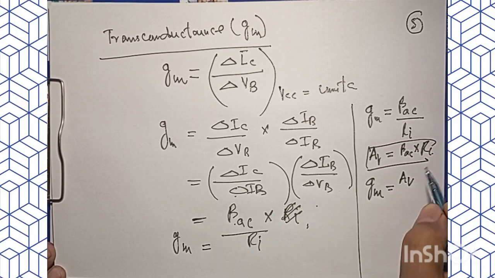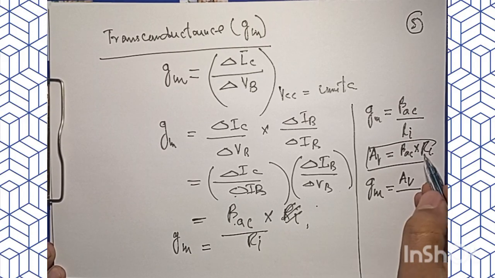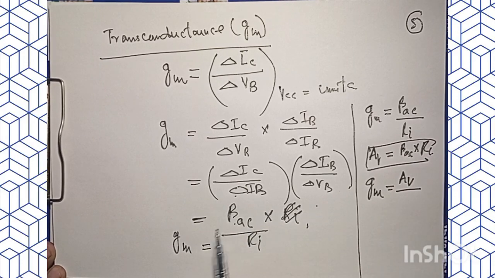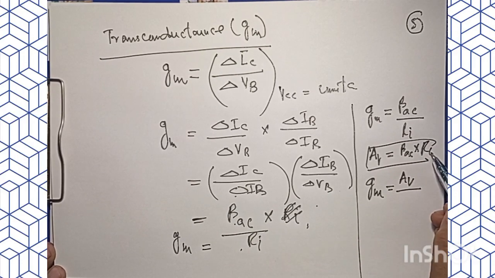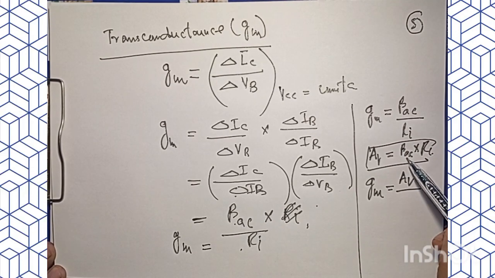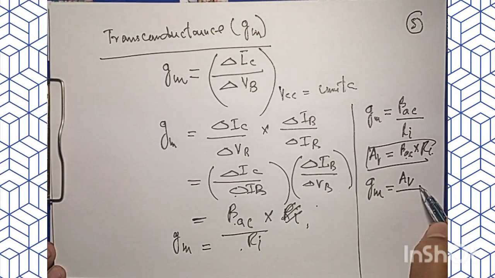Then Gm will be AV divided by, what is this? This is beta AC by Ri. So here I'll have GM equal to AV, the voltage gain, divided by RL.